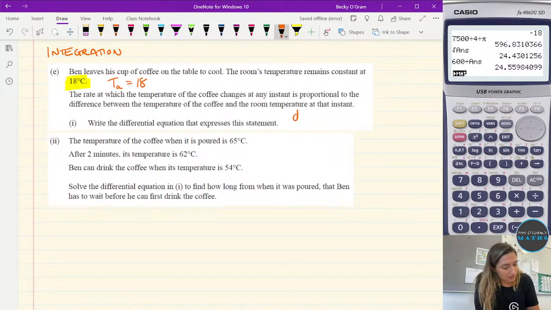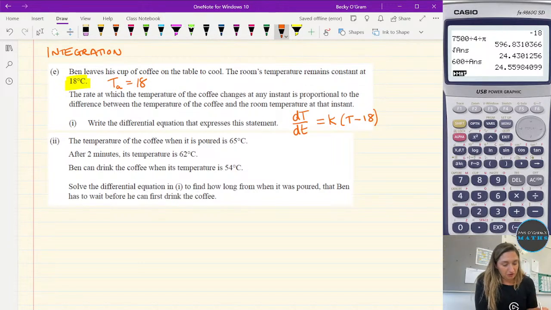So that means the rate at which the temperature changes over time, so that's dT by dt, is proportional to, so that's always equals k, the difference between the temperature of the thing and the temperature of the room, which is 18.